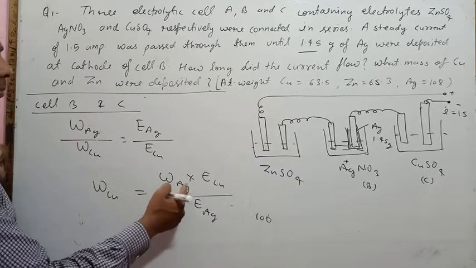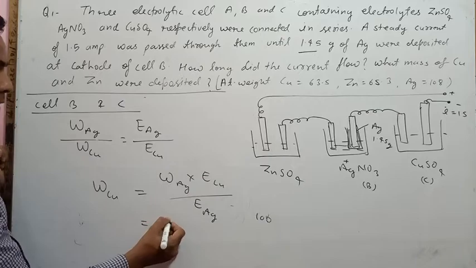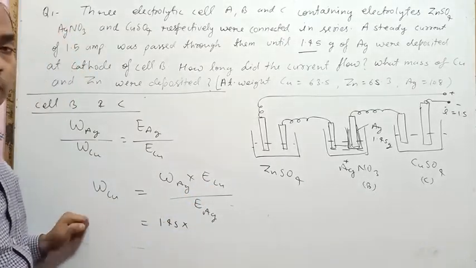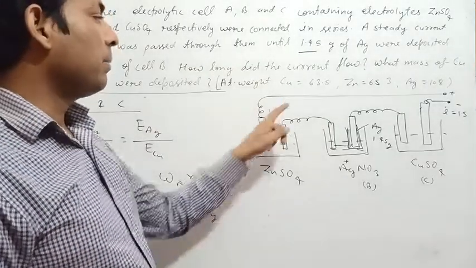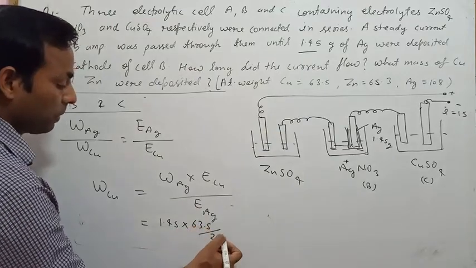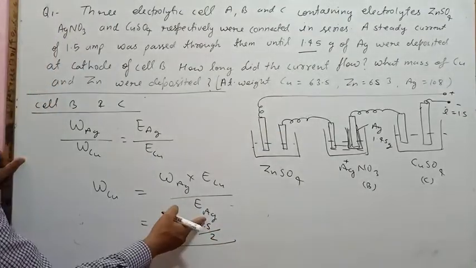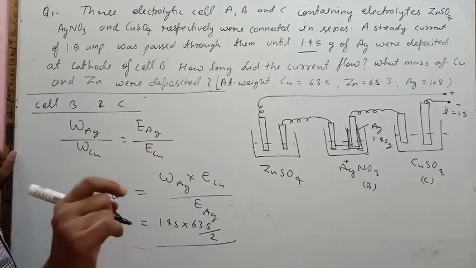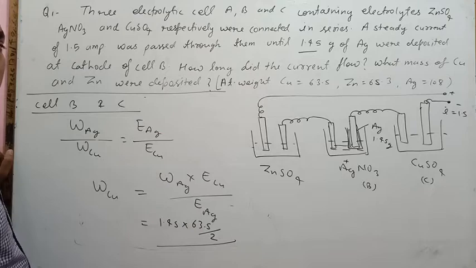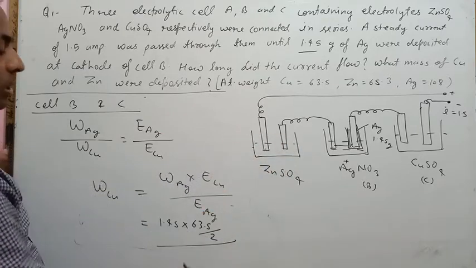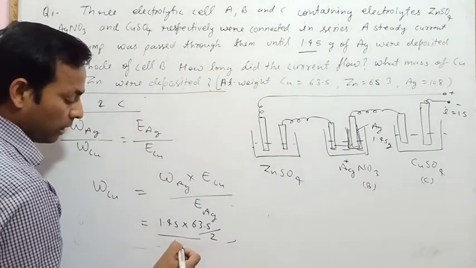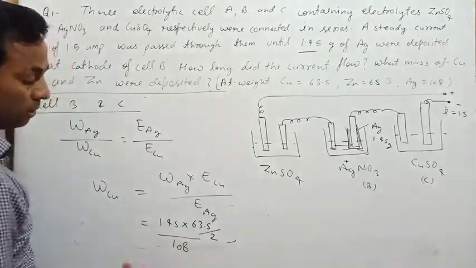Put in the values: mass of silver is 1.45. The equivalent weight of copper equals atomic mass of copper upon 2, that is 63.5 upon 2, upon E Ag, the equivalent weight of silver. The equivalent weight of silver equals atomic mass of silver upon its valency. Silver has one charge, so 108 upon 1.